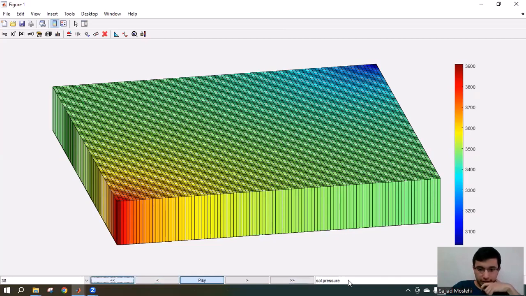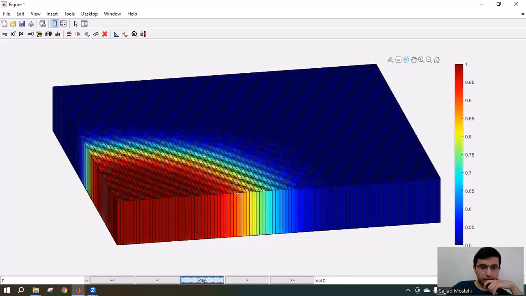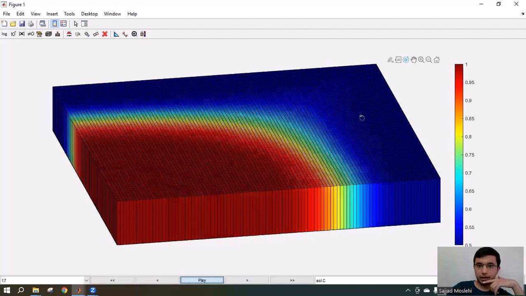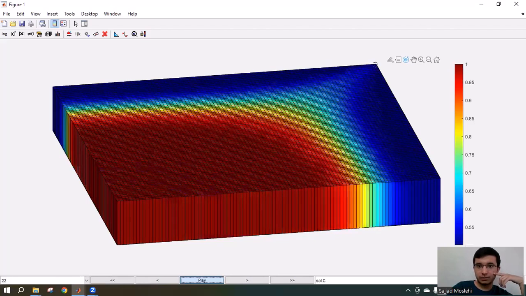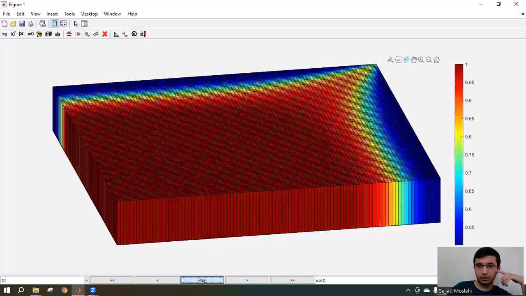Let's also take a look at the concentration. Let me stop it, and let's see the concentration change. This is the distribution of the tracer in the reservoir, and after a while, as you see, breakthrough of the tracer occurs.